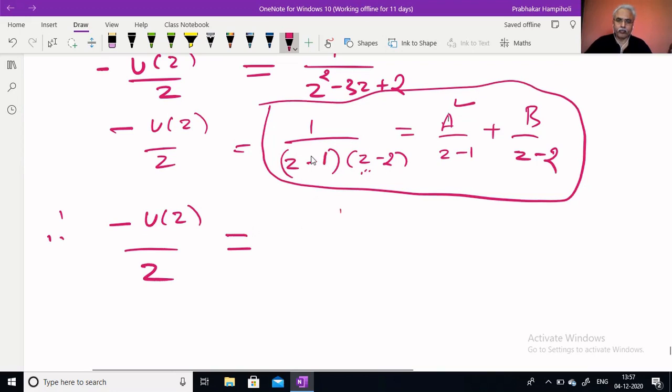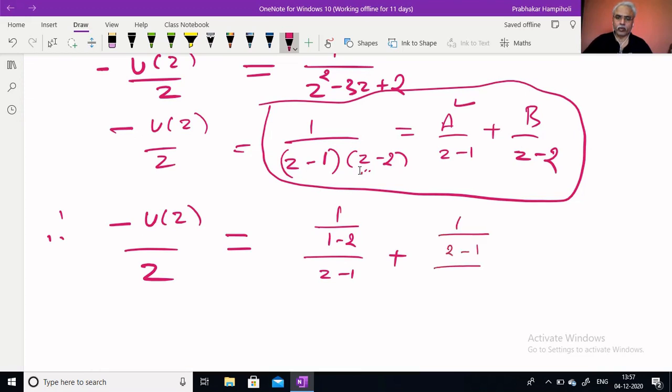So 1 upon 1 minus 2, upon z minus 1, plus, for the b value you neglect the z minus 2 part and put z equal to 2 in the remaining factor, 1 upon 2 minus 1, upon z minus 2. So this gives us minus u of z by z equal to, first term becomes negative, second term becomes positive.